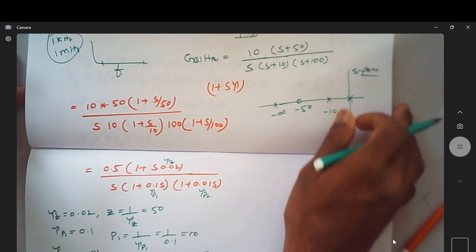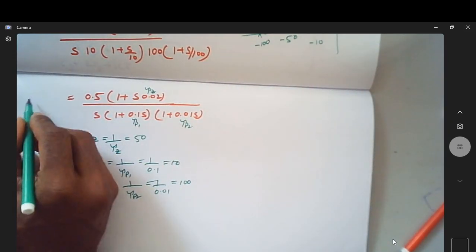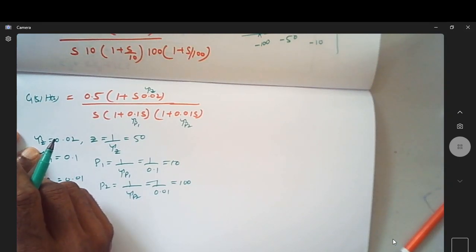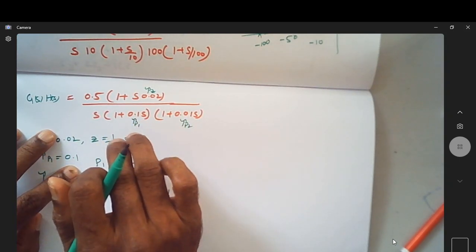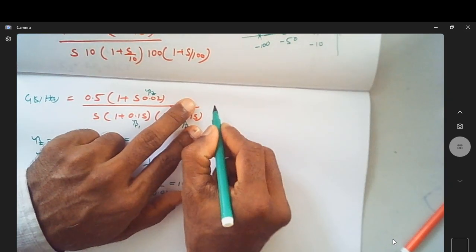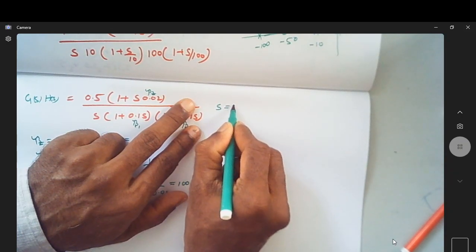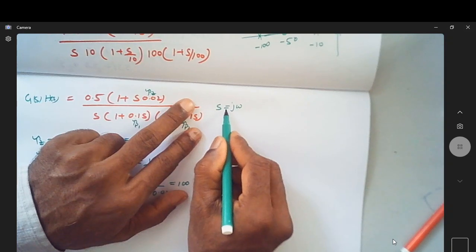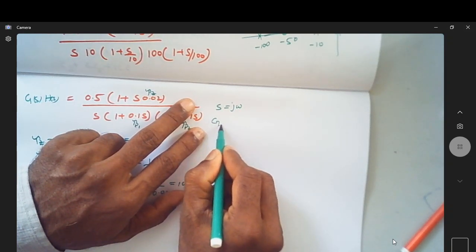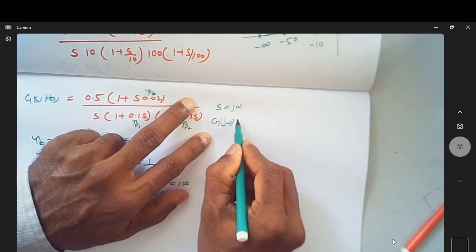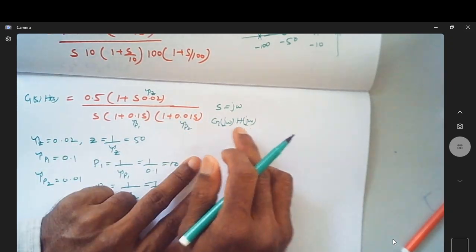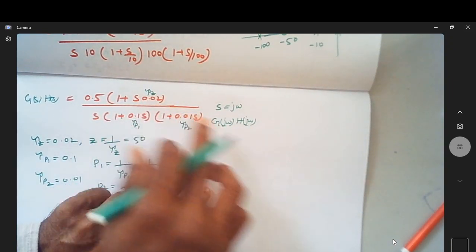Next, the question is, how does this, which is now G(s) into H(s), behave? Now in order to find the frequency response of such a system, I will replace s by j omega. So when I replace s by j omega, this will become G of j omega, H of j omega. Now you are replacing each and every s in the transfer function by j omega.